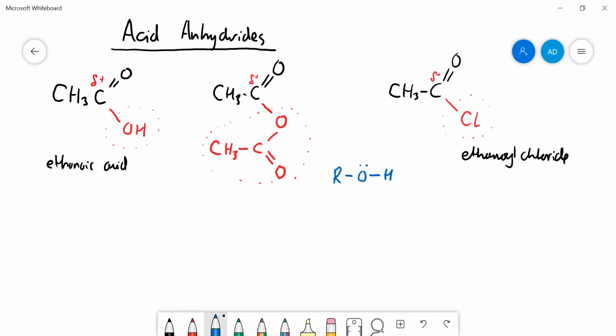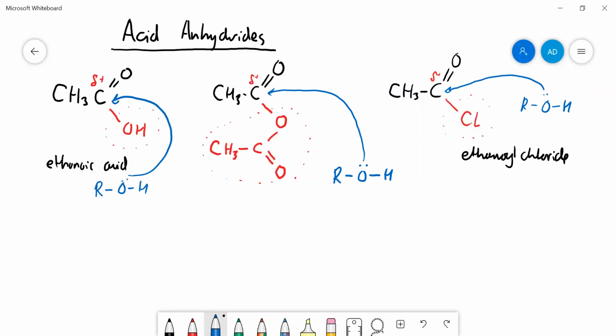You're going to get nucleophilic addition occurring. That lone pair of electrons will go onto the carbon here. Same with the ethanoyl chloride, and the same with the ethanoic acid. And in each case, you're going to get an ester formed.